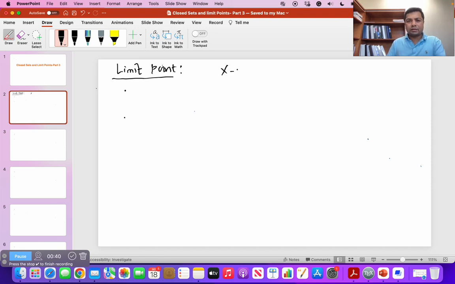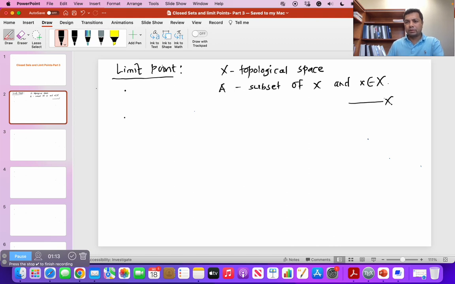Okay, let's say X is a topological space, and A is a subset of X, and also let's say this lowercase x is an element in the topological space X. Let's say this is our topological space X, and we have a set A here, which is a subset of X, and then we have a point x.